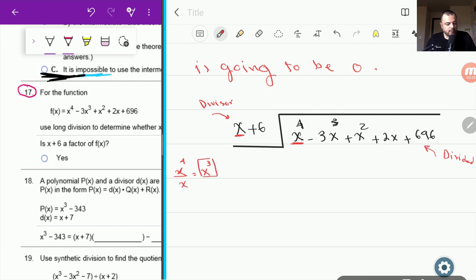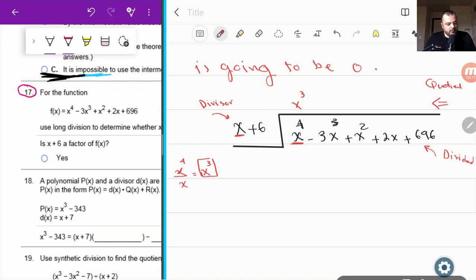When you divide the leading term of the dividend over the leading term of the divisor, you get an answer, and you need to place it on the quotient. So we got x to the power of 3, so I'm going to place it on the quotient. Here is the quotient.